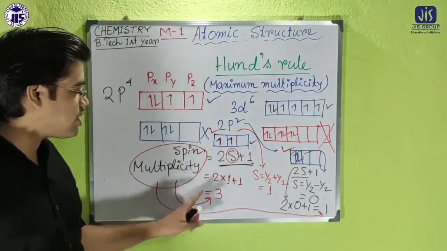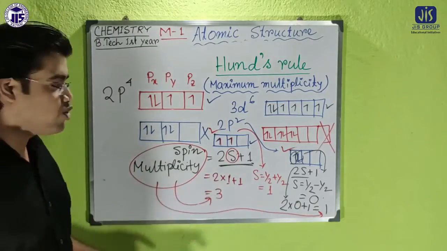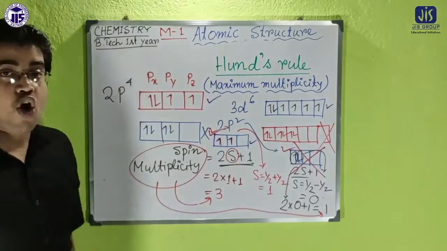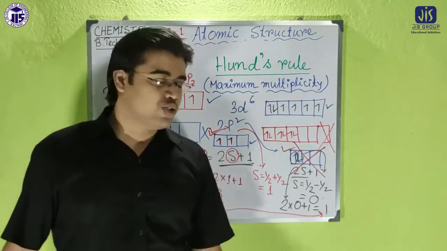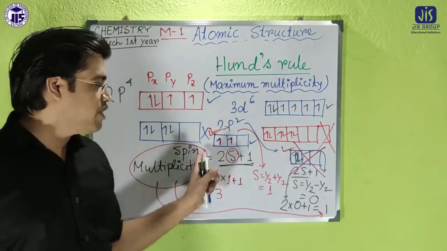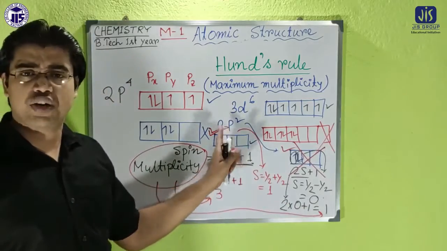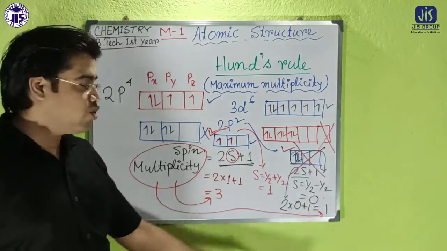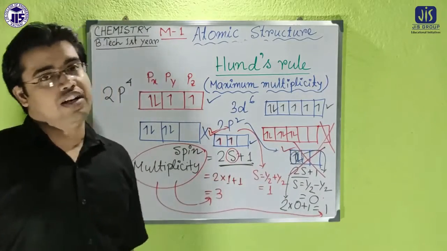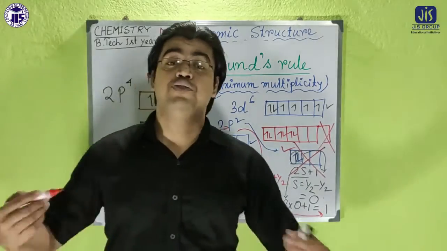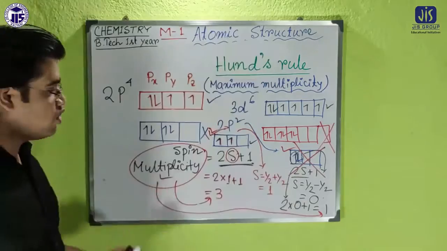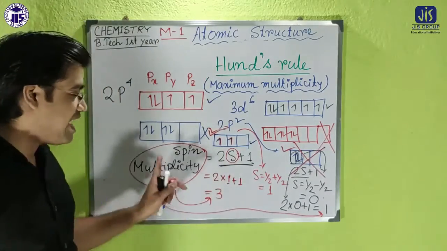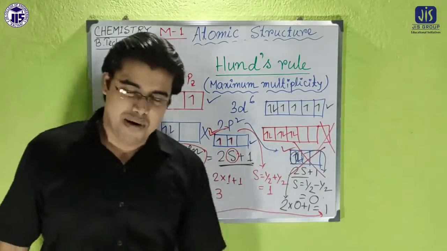In the first case it is the maximum value, so obviously it is the right configuration, but that one is not. For the same electronic configuration we are getting spin multiplicity 1, a lower value, but we always move to the higher spin multiplicity. So that is the right one, and we always have to follow that method.